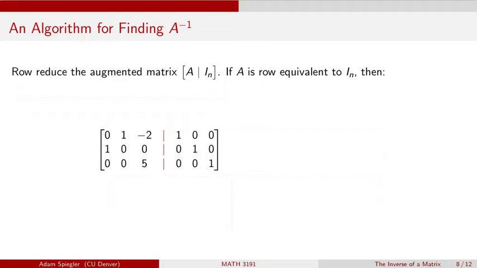So I'm going to set up an augmented matrix where I have my given matrix A, which was 3 by 3, and I'm going to augment it with an entire 3 by 3 identity matrix on the right. And I just have this red dashed line over here separating what was the matrix that we started with and what is the inverse.